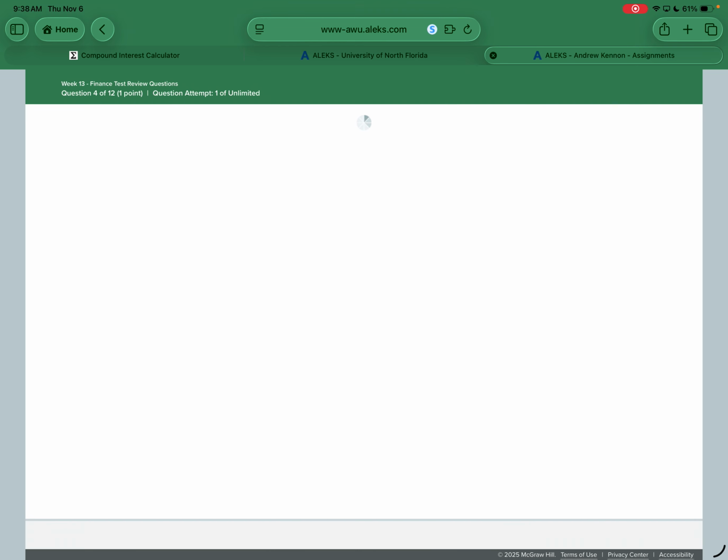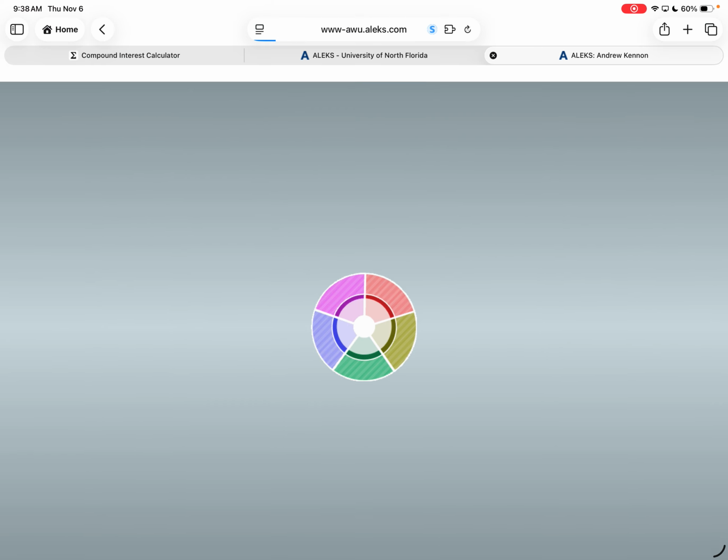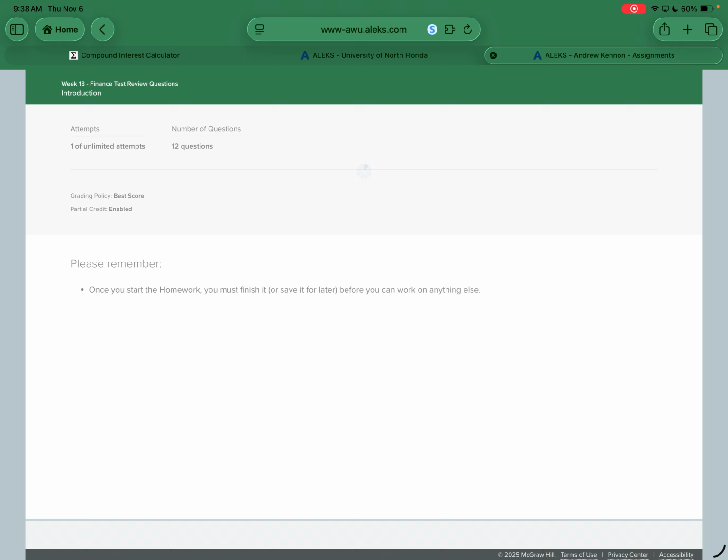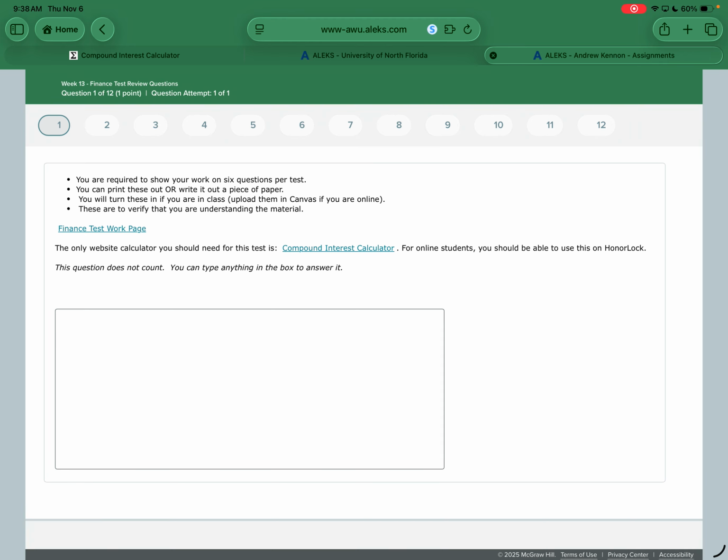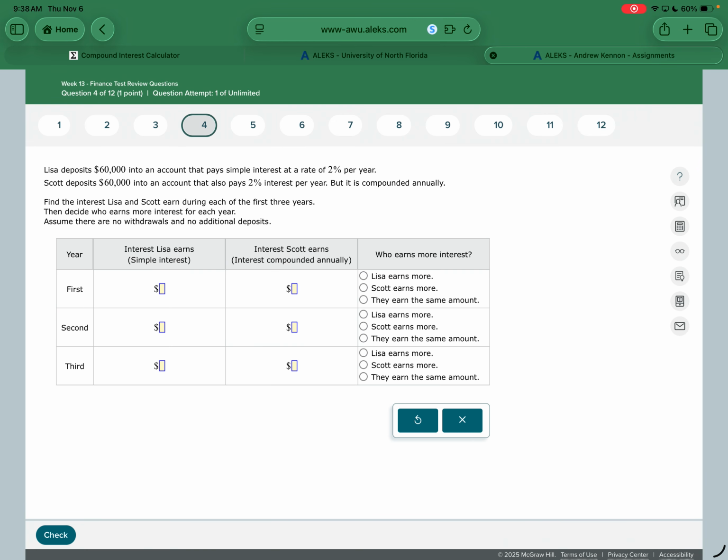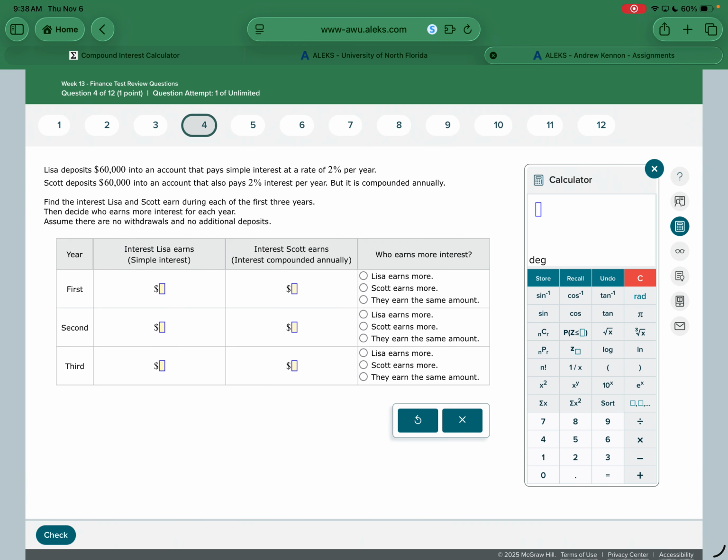Number 4. You've got Lisa, simple interest at 2%, $60,000, and Scott deposits $60,000 into an account that also pays 2% interest. So for Lisa, let's do all the simple interest. That's my first column.